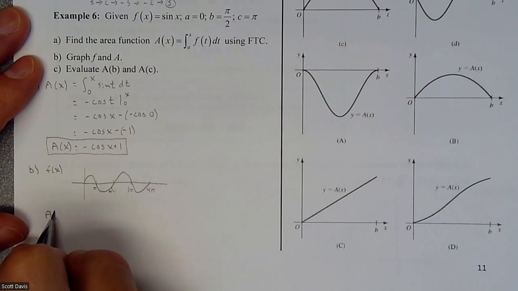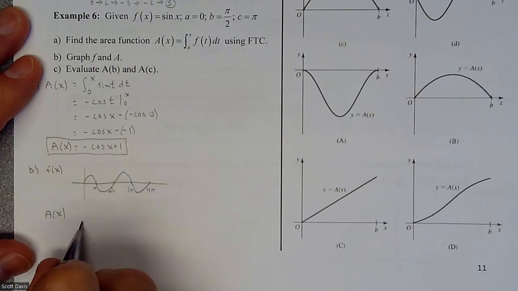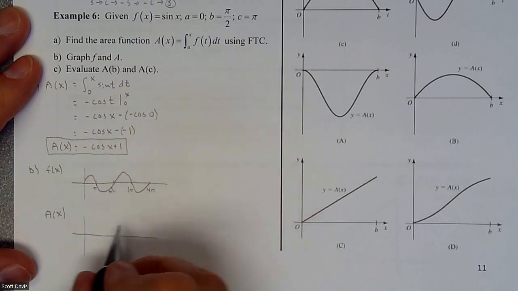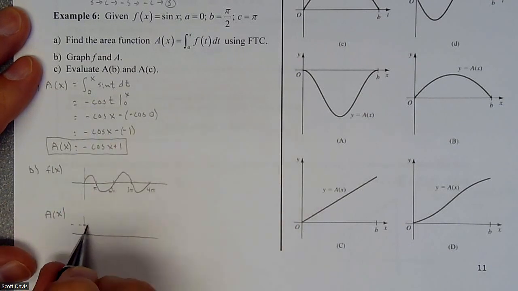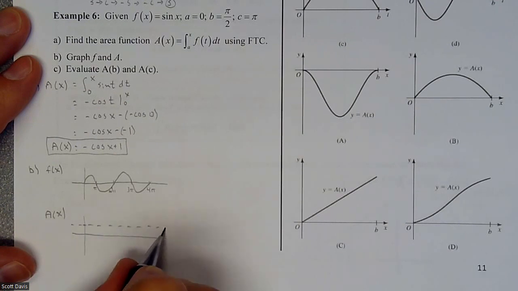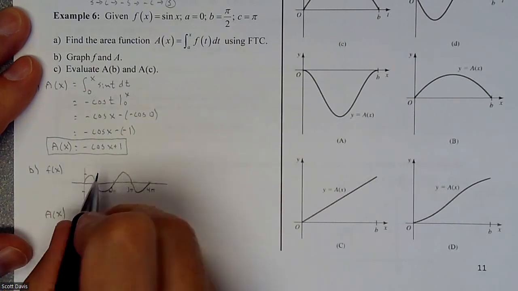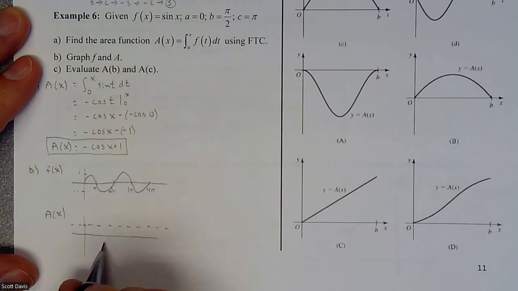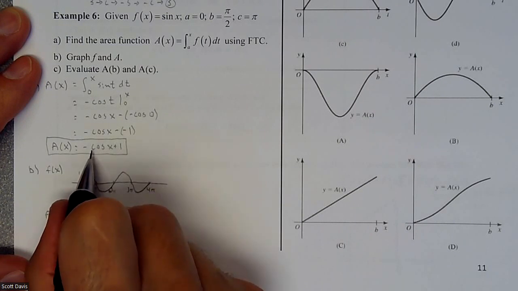If you graph the area function, it has a midline at 1. We do hit 1. If I were to mimic this graph up above, and that's pi and 2 pi, 3 pi, 4 pi, the cosine graph is reflected.